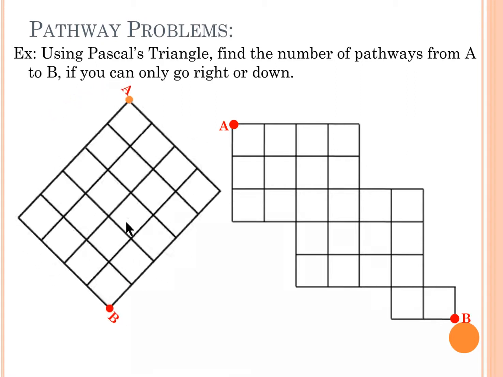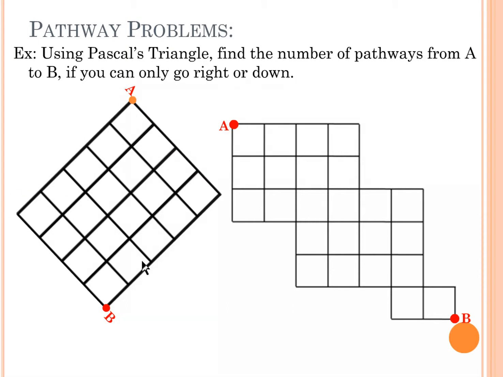So Pascal's triangle is very useful for pathway problems, and let's take a look here. If I take my first example and rotate it into a triangle shape so that it looks very similar to Pascal's triangle, I can start applying the numbers from Pascal's triangle to get the number of pathways from A to B. If I go from A to this point, there's only one way to do that.